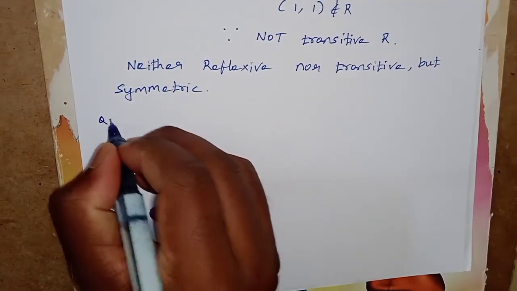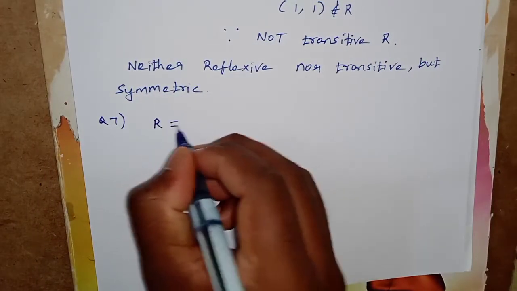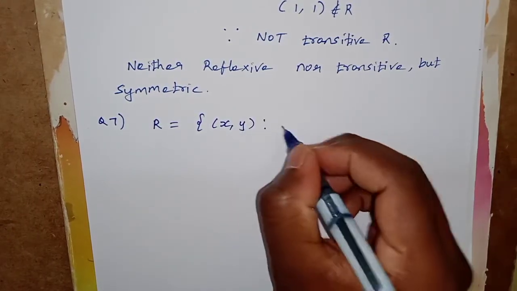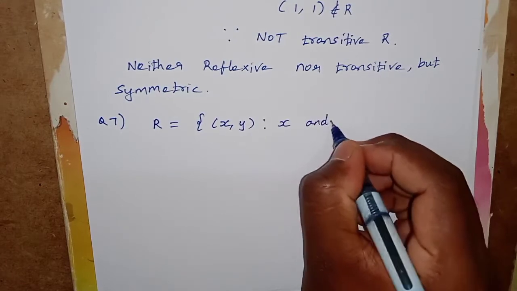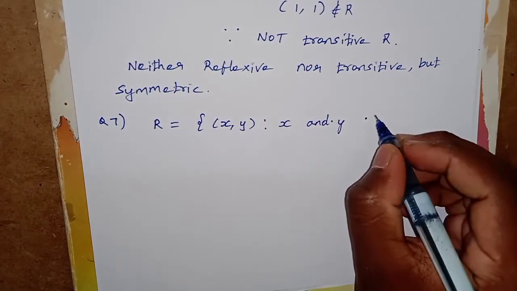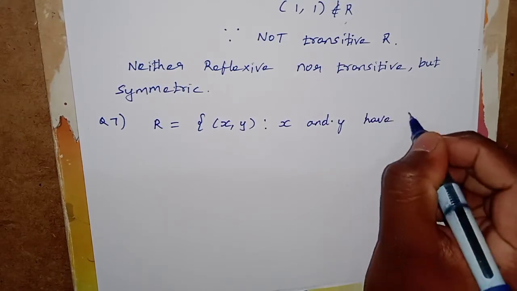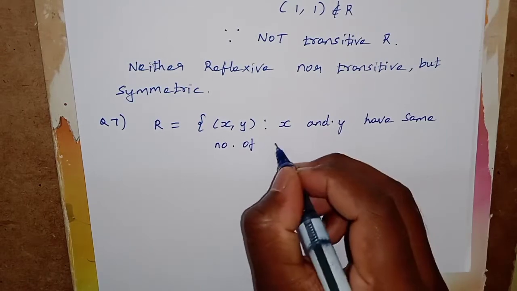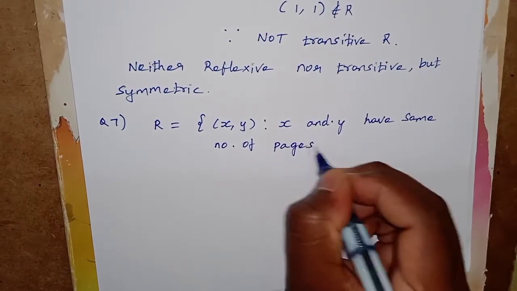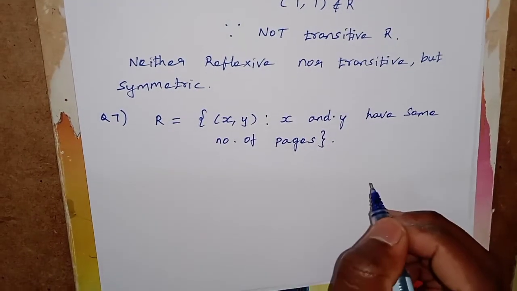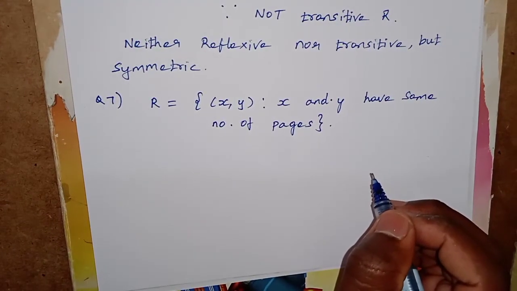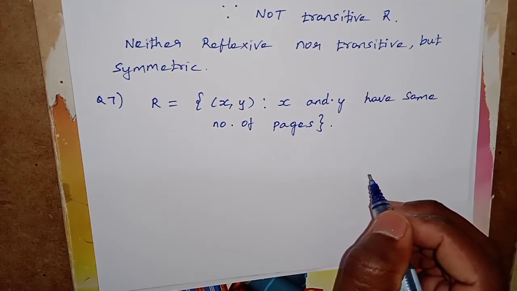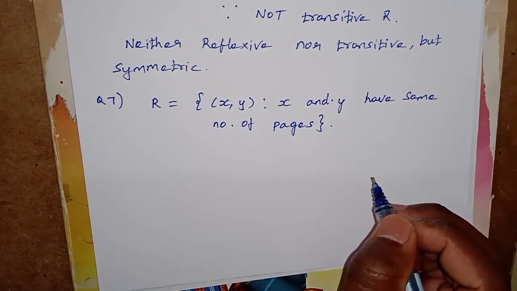Question number 7. R = {(x, y) such that x and y have the same number of pages}. This question is similar to the one, live in the same locality, that we have studied in question number 1.